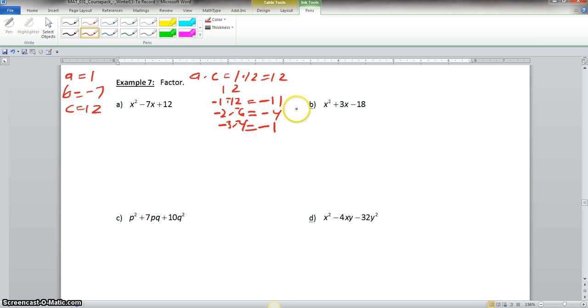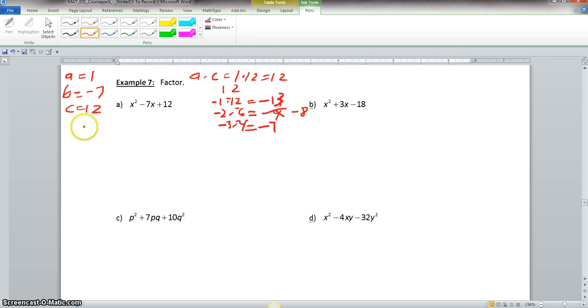That was a mistake on my part. So negative 1 and negative 12 will give you a negative 13. And then negative 2 and negative 6 will give us a negative 8. And negative 3 and negative 4 will give us a negative 7. So we want to use negative 7.